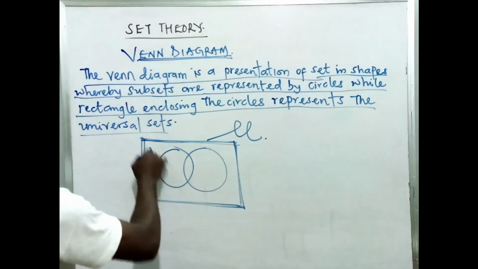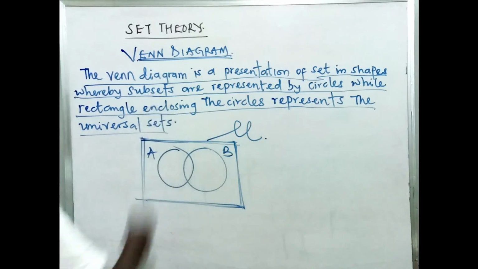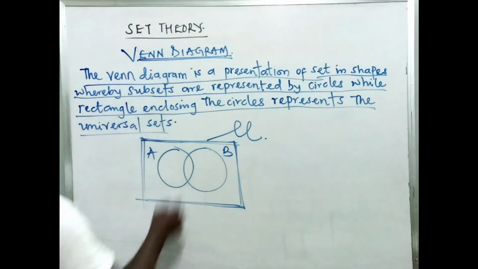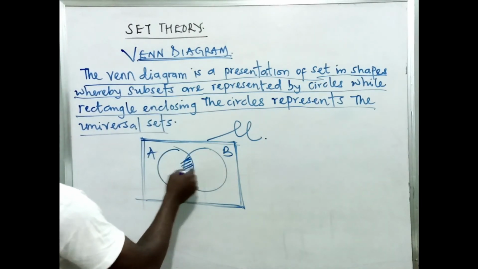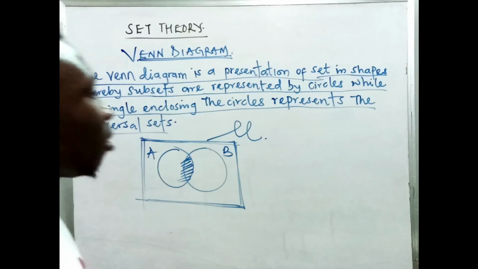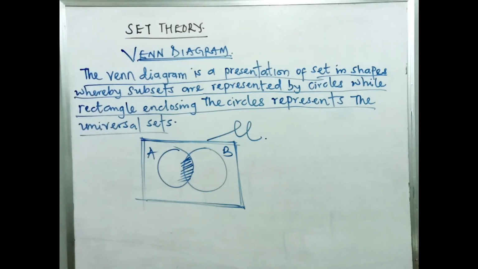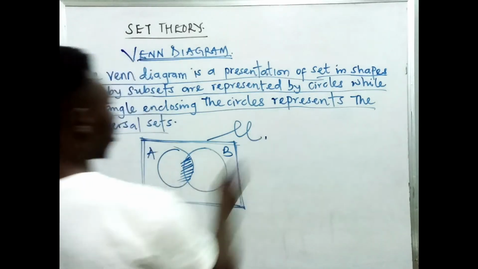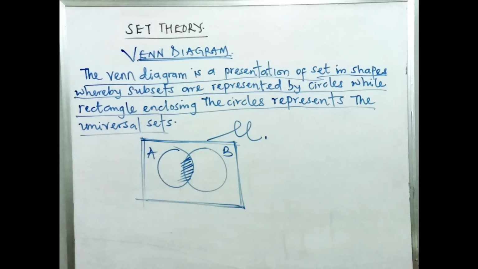So we have the subset A and B. So we have this now. Going further, we're going to be explaining the various shades or the shading pattern of Venn diagram. So let's talk about the shading patterns of the Venn diagram.